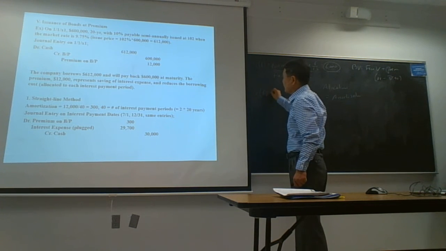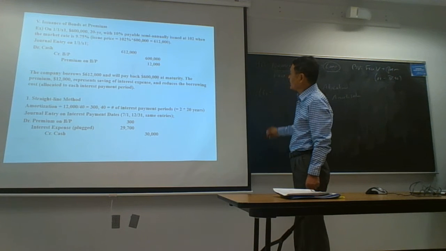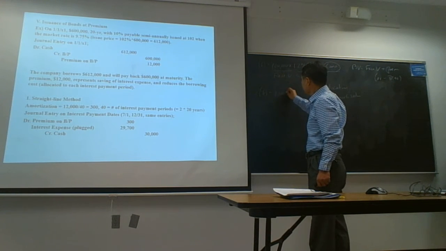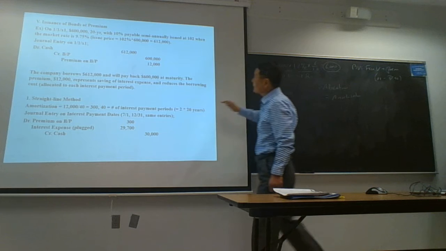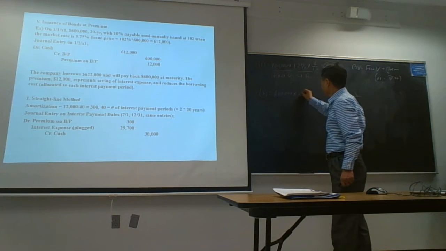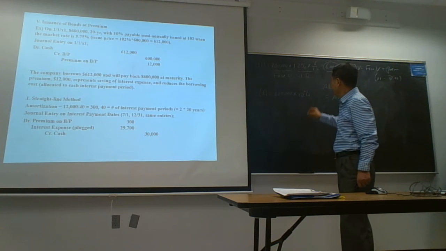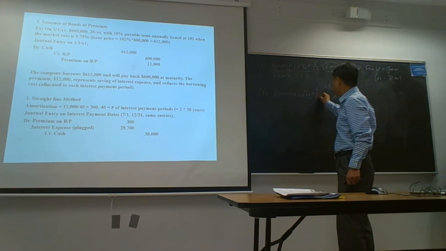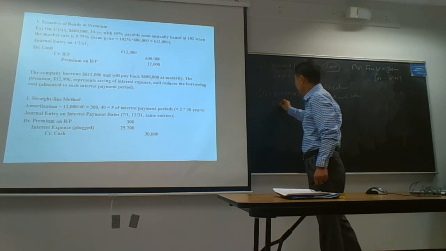For this premium bond, $600,000 face value times 10% stated rate times 6 over 12 is $30,000.